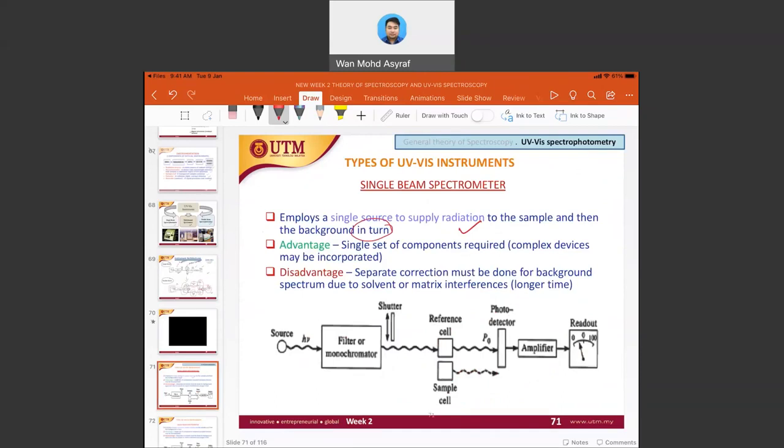So basically, the instrument is much cheaper as compared to the double beam, which is much more expensive. The disadvantage is that the separate correction must be done for the background spectrum due to the solvent matrix interferences, which will take a much longer time, because you need to do the measurement separately.